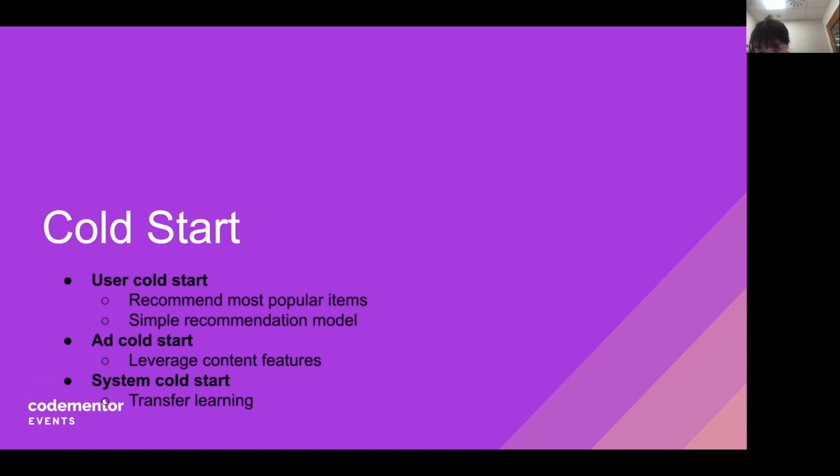In this case, we can intentionally introduce more ad content features into the system. For example, the ad categories. For instance, if the ad is selling clothes or keyboards, and also ad tags, ad descriptions, etc., some features like this, which describe what is the content of the ad itself.